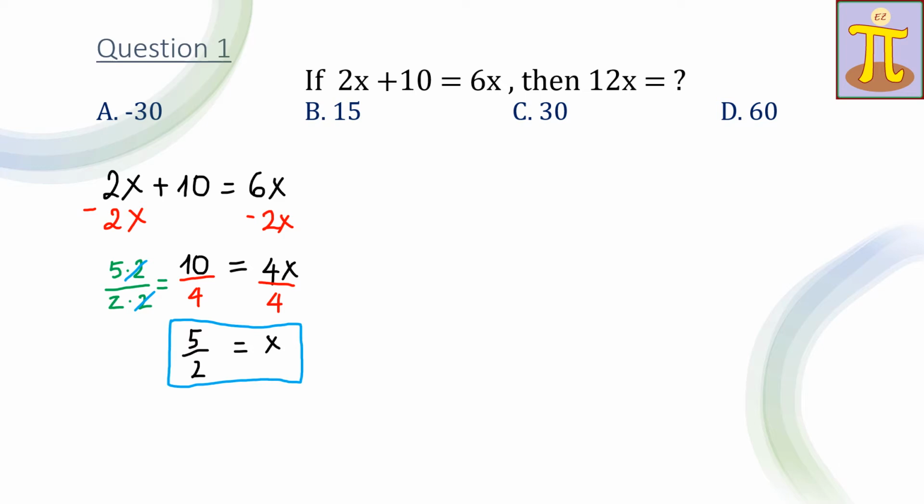But the question asks for what is 12x? So we multiply 12 by 5 over 2.